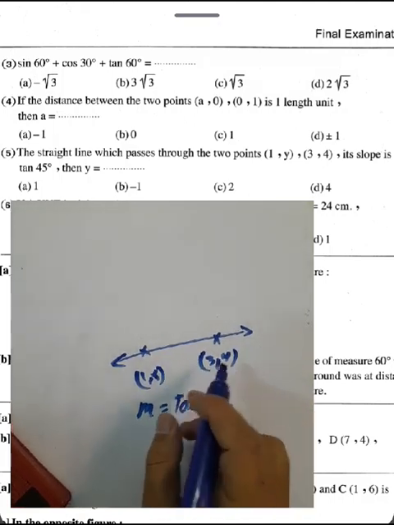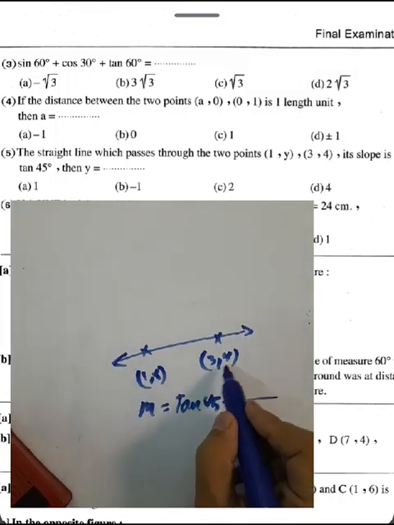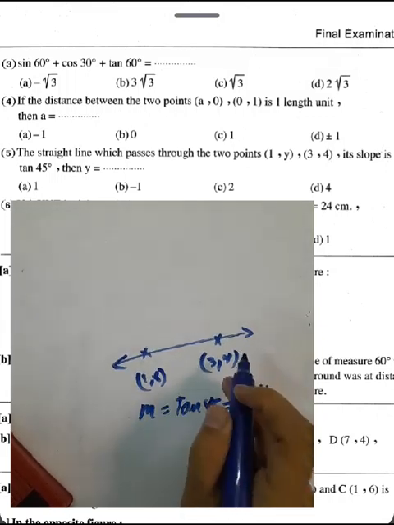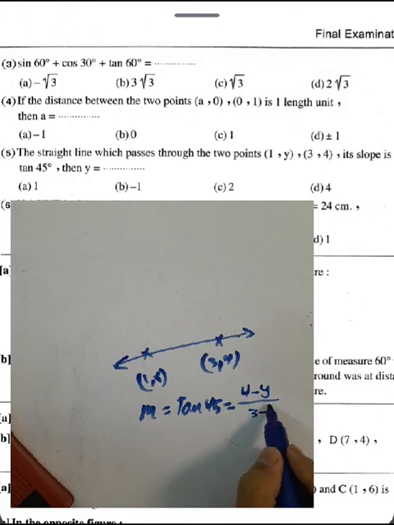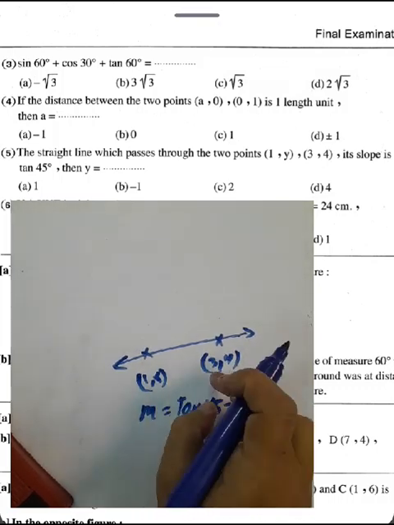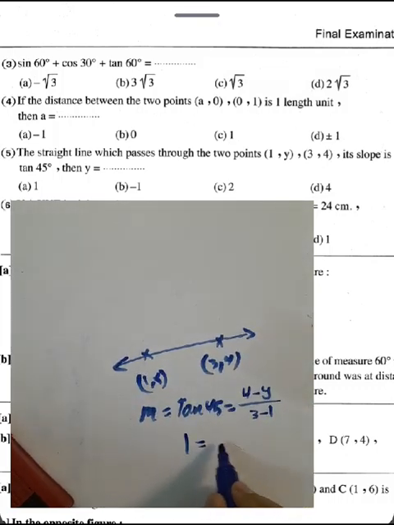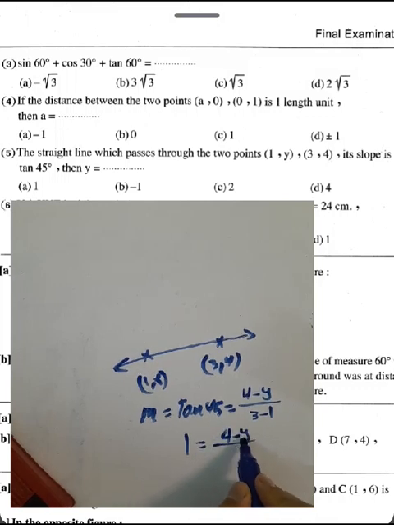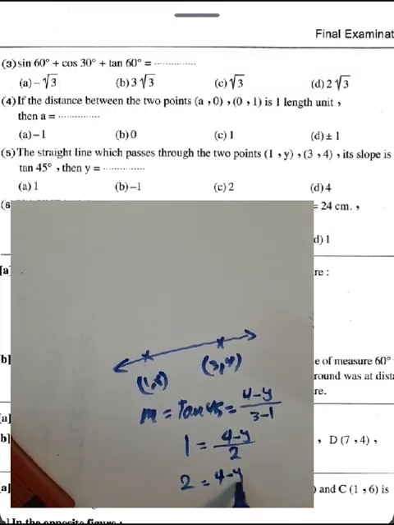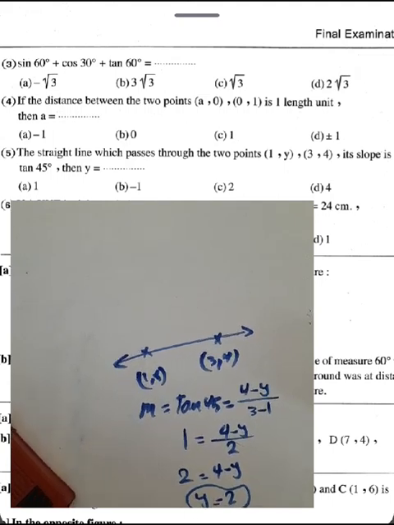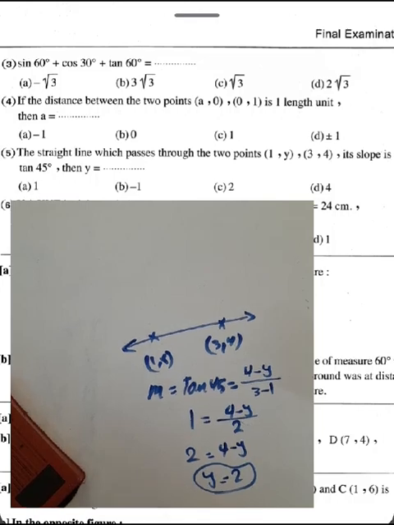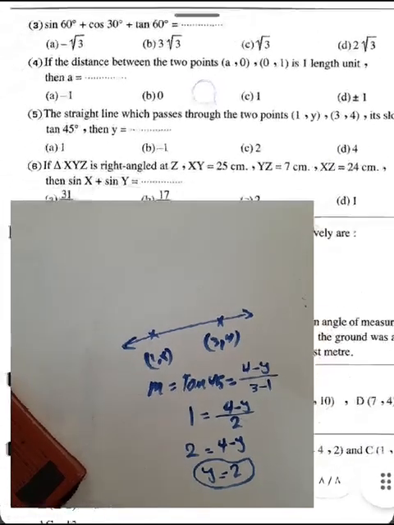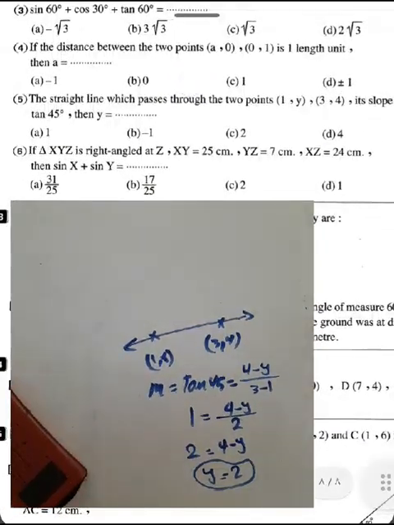Then we can find the value of y by the rule: 4 minus y over 3 minus 1. 1 equals 4 minus y over 2. 2 times 1 equals 2, equals 4 minus y. Then y equals 2. The value of y here equals 2. Question 6.